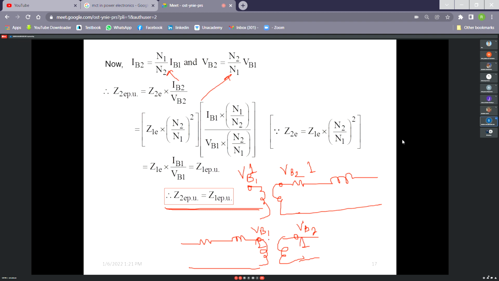So it is the same voltage in per unit. So we just represent the equivalent circuit impedance. If it is referred to primary, then we can now short this one. We can get rid of that ideal transformer because all are at 1 per unit. Have you understood my point?